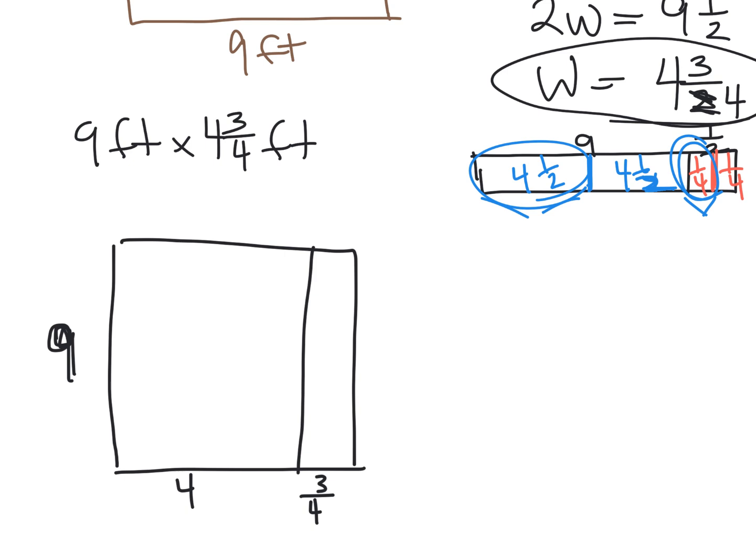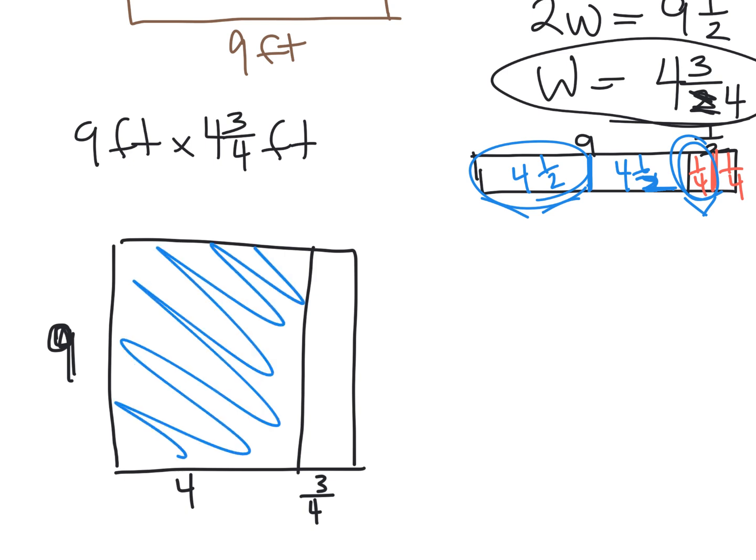So what's the area of this piece right here? Well, the area of that piece is going to be 36 feet squared. Now, how did I get that? Well, I got that because the length is 4, the width is 9. 9 times 4 is 36. So it's 36 feet squared. Now, over here, what am I going to have? Well, I'm going to have 3/4 and another 3/4 and another 3/4, nine of them. I'm going to have 9 3/4 right here, right?